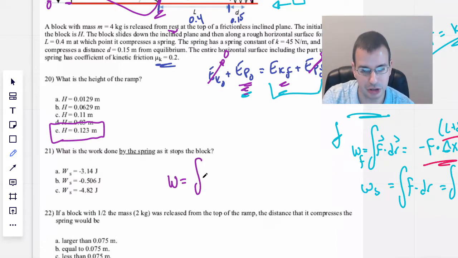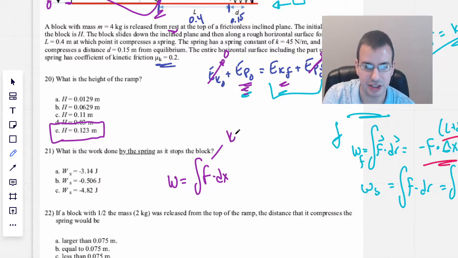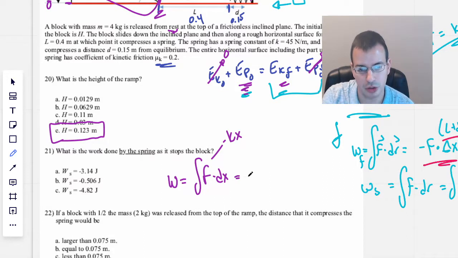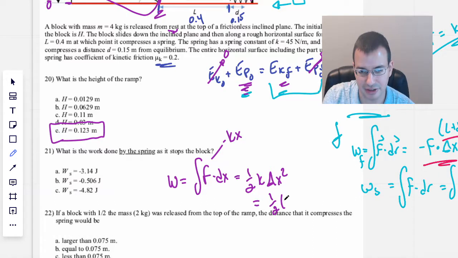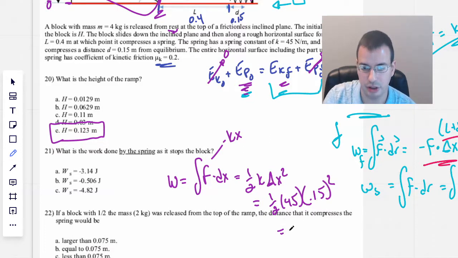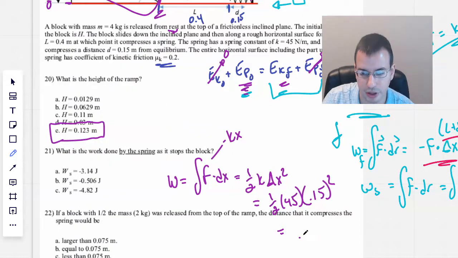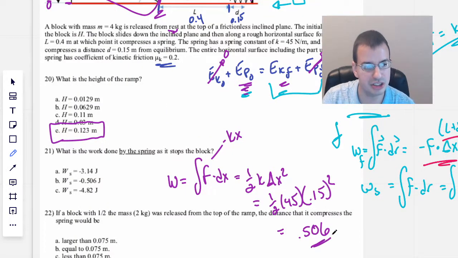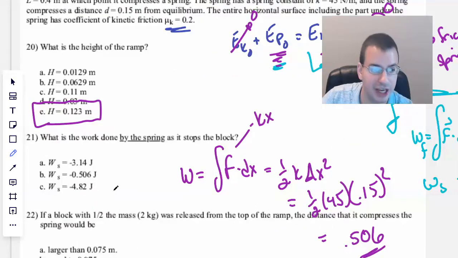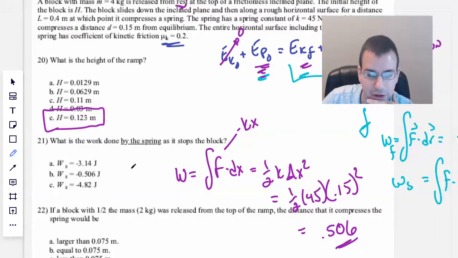So work equals integral f dot dr, which we found this is kx, probably negative k delta x, which gives us 1/2 k delta x squared, which is 1/2 times 45 times 0.15 squared, which is 0.5 times 45 times 0.15 squared. And it'll be 0.506.